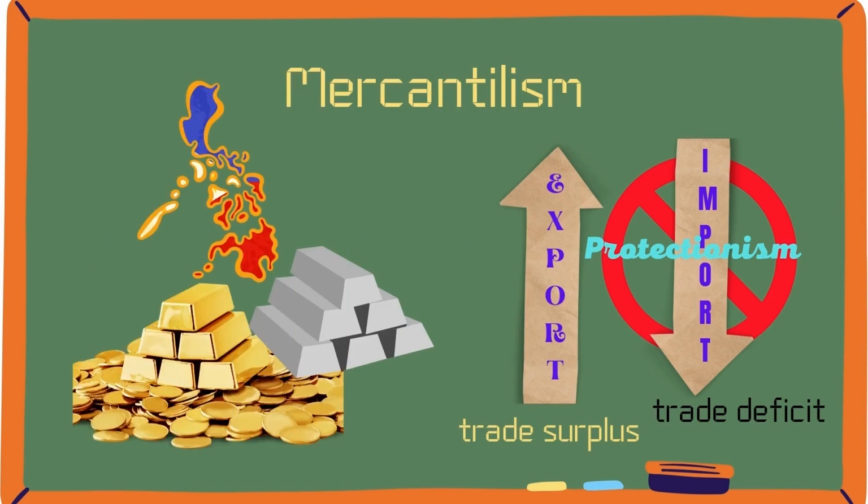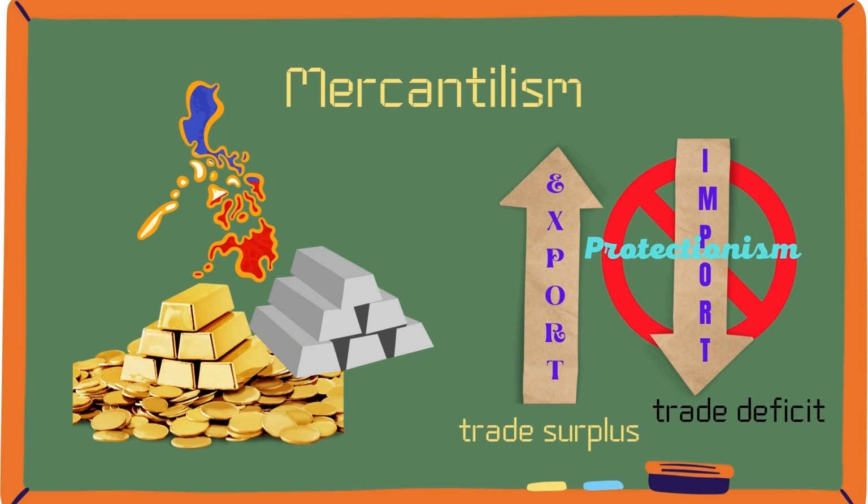Developed in the 16th century, mercantilism was one of the earliest efforts to develop an economic theory, and this theory stated that a country's wealth was determined by the amount of its gold and silver holdings. In its simplest sense, mercantilists believe that a country should increase its holdings of gold and silver by promoting exports and discouraging imports.